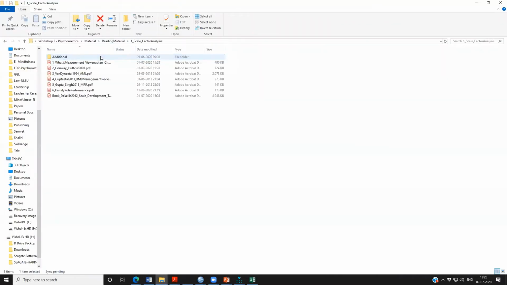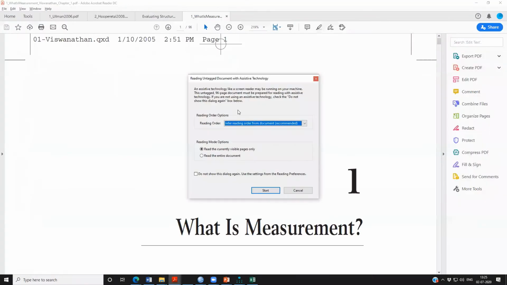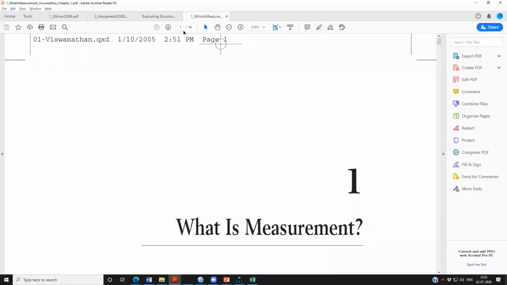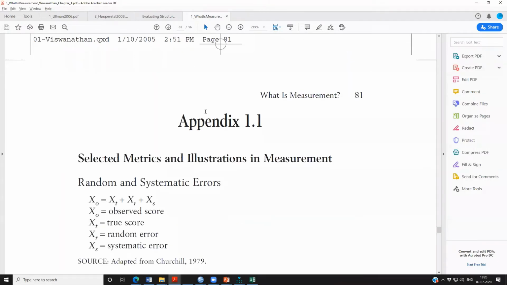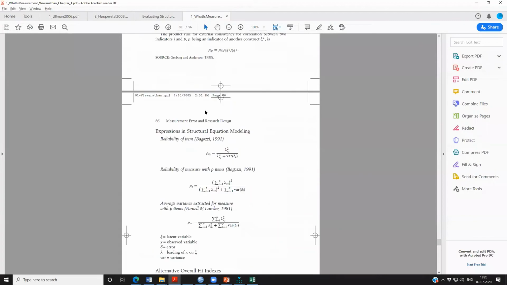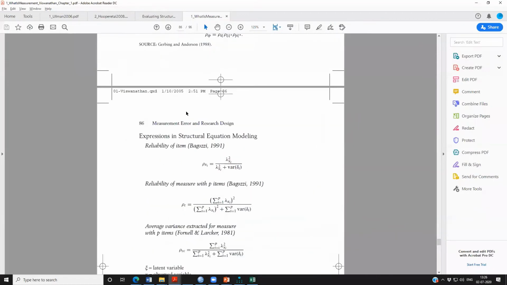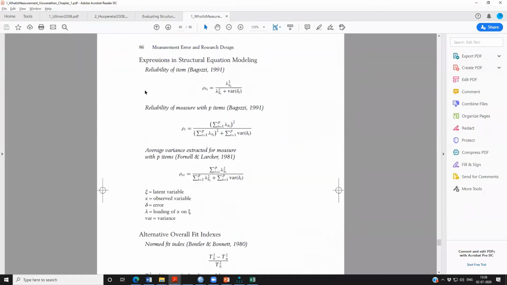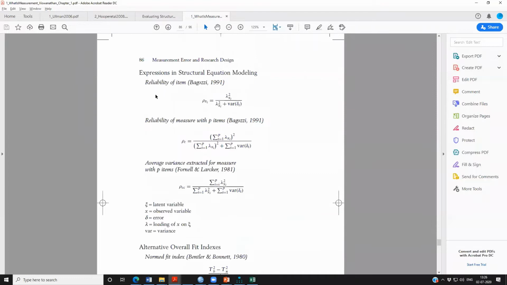Madhu Viswanathan's chapter, the chapter that we have been looking at. If you go to the appendix of this chapter, he has given all the formulas. On page number 86, he has given reliability of measure.